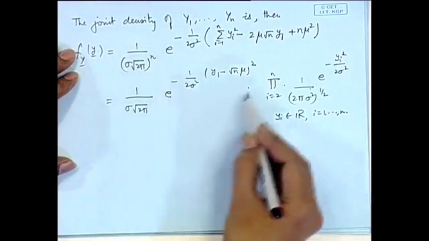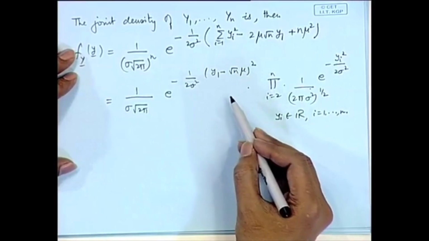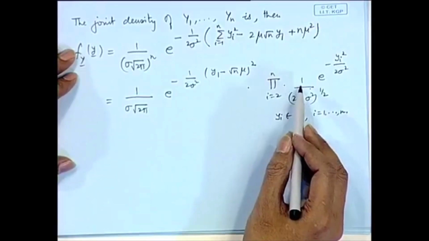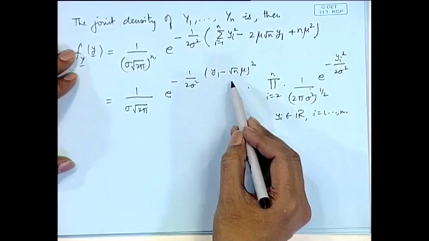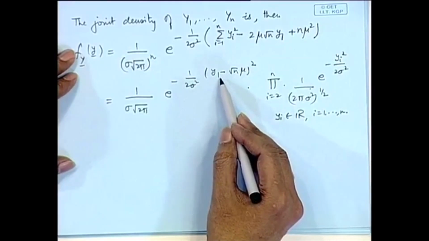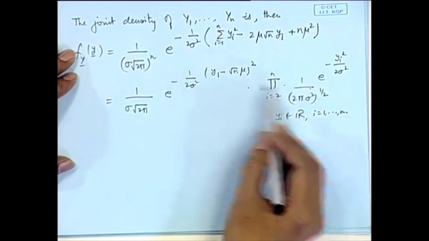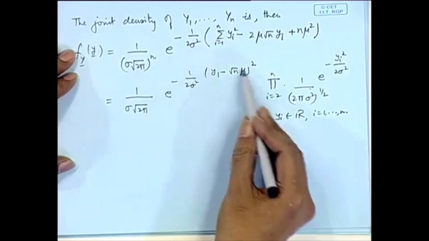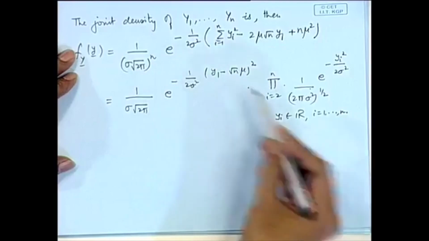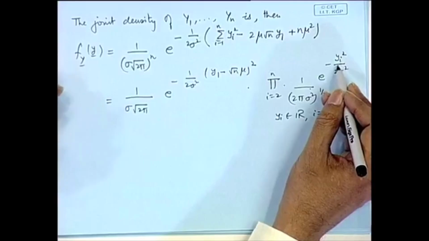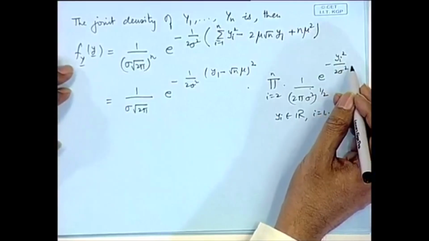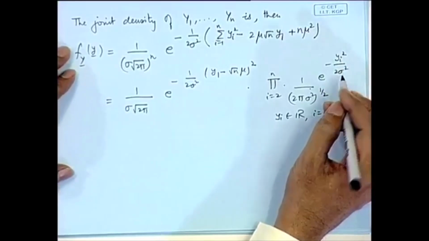Now, you see this representation, we are able to express the joint density of y_1, y_2, ..., y_n as a product of certain functions, where each function is strictly dependent only on each y_i. So, these are n functions. This is a function which is dependent upon y_1 alone, and here we have n minus 1 functions, each function dependent upon y_2, y_3, ..., y_n respectively.